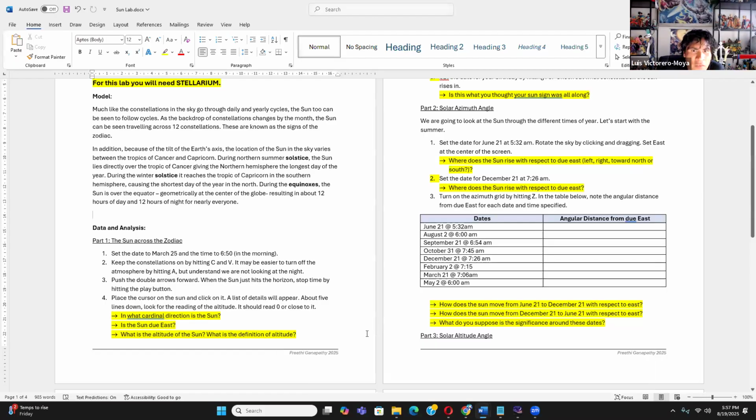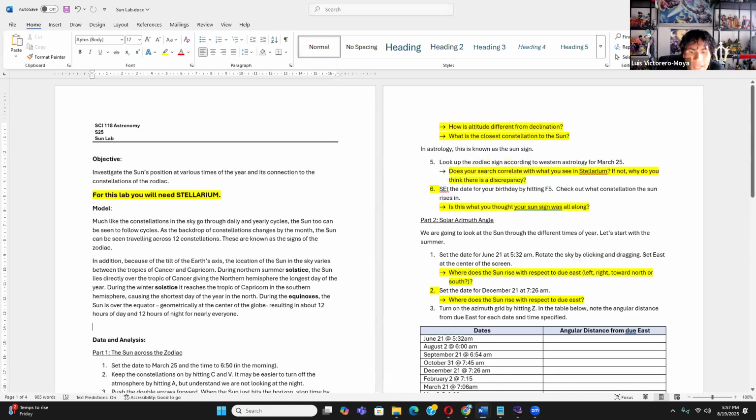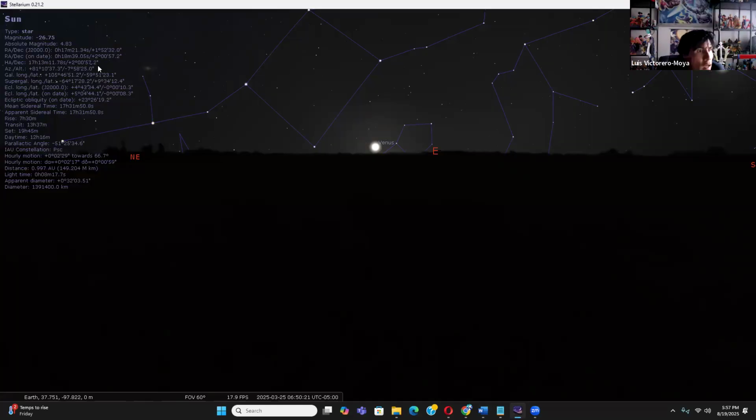So you have to write the definition of altitude. Okay, so the declination, guys. The declination, if you use J2000, is 1 degree, right? So it's positive because the declination is based on the celestial equator.